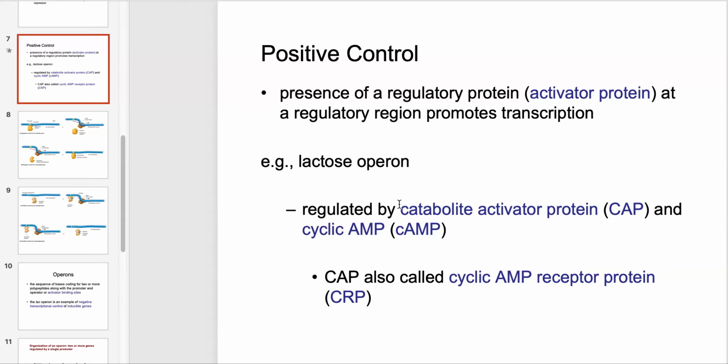So this cyclic AMP binding protein called CAP, also the cyclic AMP receptor protein, or CRP, and cyclic AMP together will form the positive control.